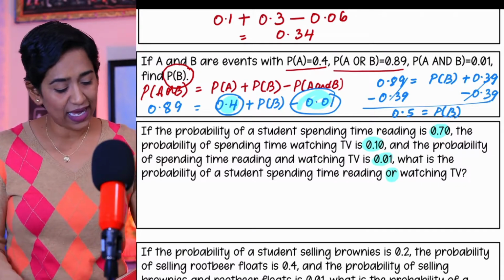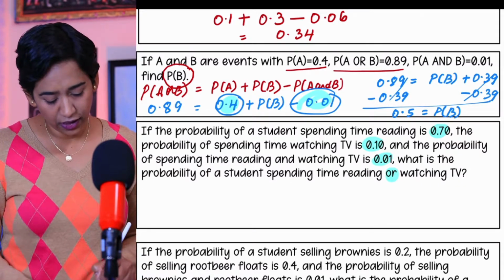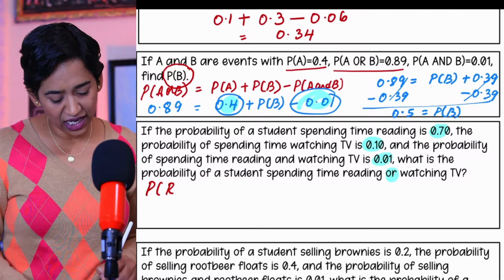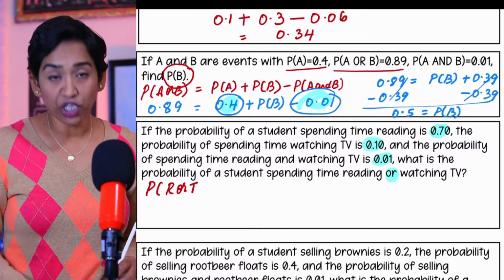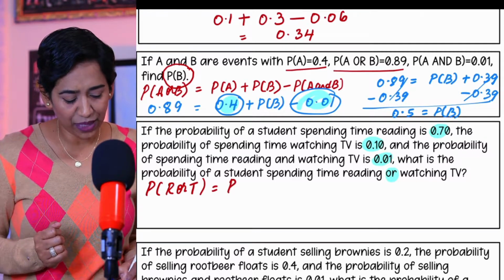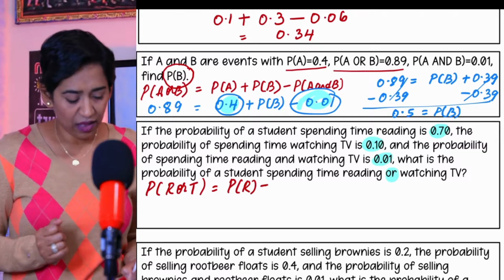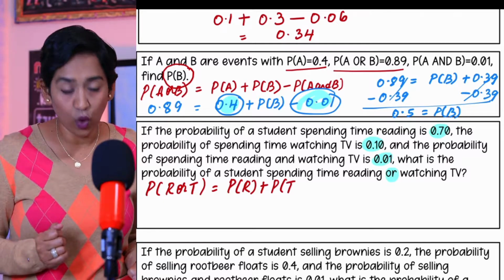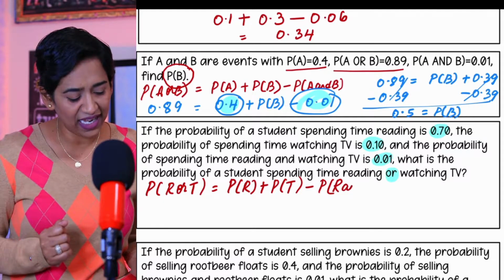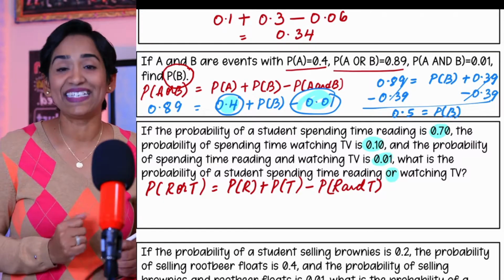So let's go ahead and I'm going to change the color here. Probability of spending time reading or watching TV, I'm going to put T for TV, is simply probability of reading plus probability of watching TV minus probability of reading and watching TV.